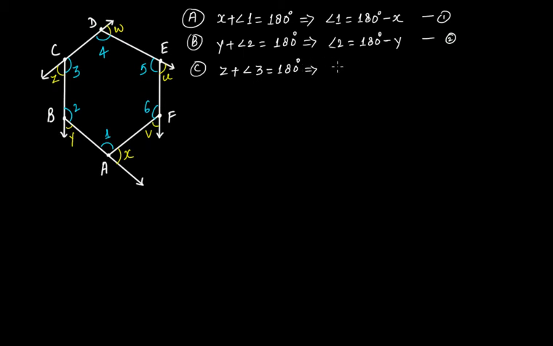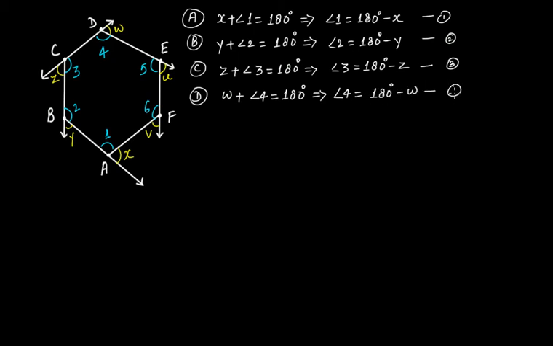If you solve it, you get angle 3 is equal to 180 degrees minus Z. This is 3. From vertex D you get W plus angle 4 is equal to 180 degrees, and you get angle 4 is equal to 180 degrees minus W.